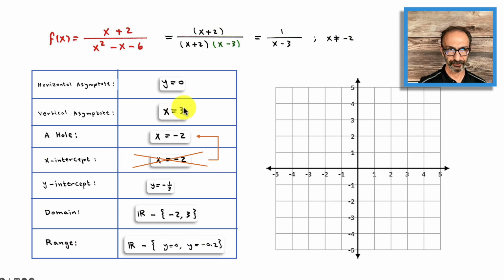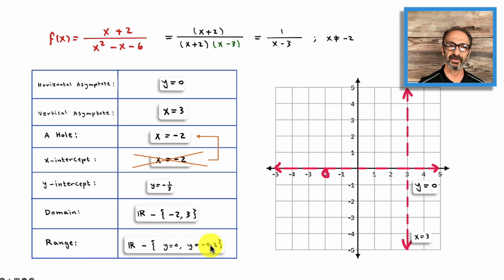Now let's graph it. We'll start with the horizontal asymptote, which is the x-axis right there. That's my x-axis. Then we'll go to the vertical asymptote at x equals 3 right there. Then we mark the hole in the graph when x equals -2 right there. Why do I have it so close to the x-axis?